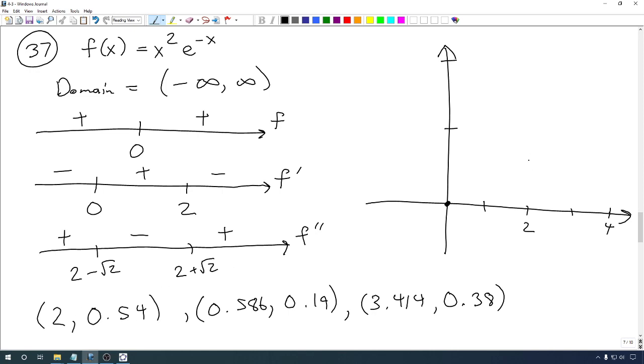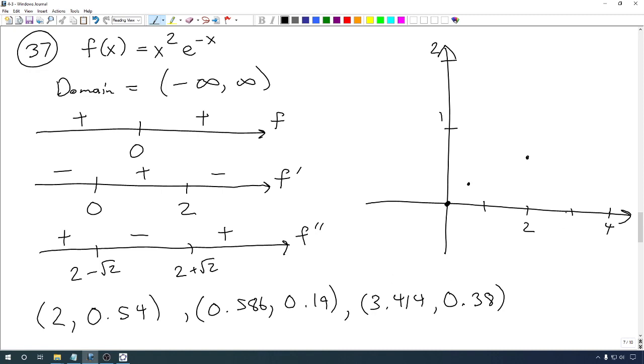We have 2 comma a little bit more than a half. We have a little bit more than a half here, so about here, and then not very high up at all, is it? It'd be maybe around here.